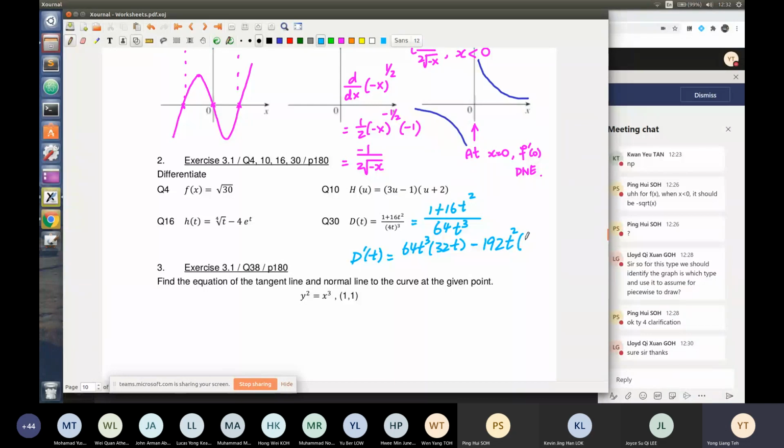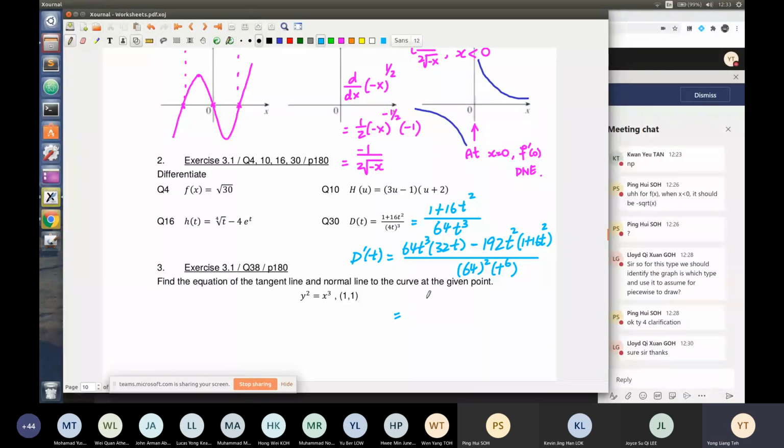Then after that, hold your numerator. Just tell me if I get this wrong. Over this thing squared. I'm just going to leave it as 64 whole thing squared, then multiply by t to the power of 6, because t cubed, you square the whole thing, you get t to the power of 6. Of course, this looks like a mess, and we can possibly simplify this.